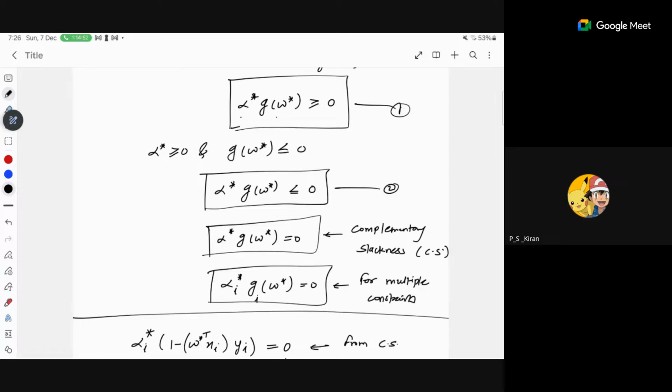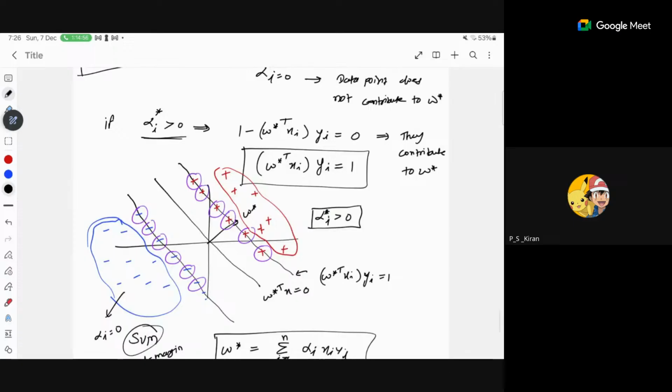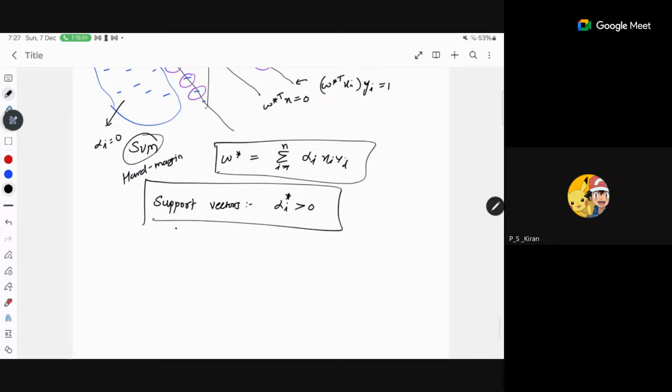But basically, the only thing which we need to think about is the points which can be support vectors. Where are they lying? On the supporting hyperplane, right? Okay, fine.